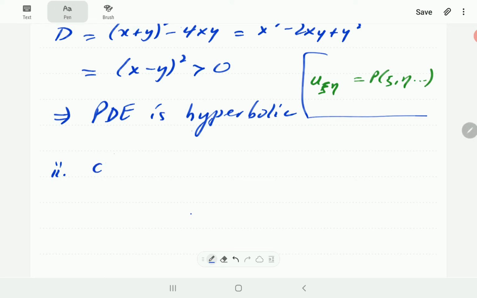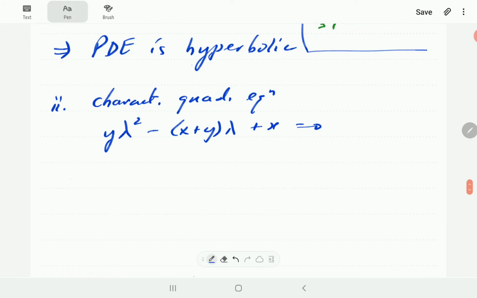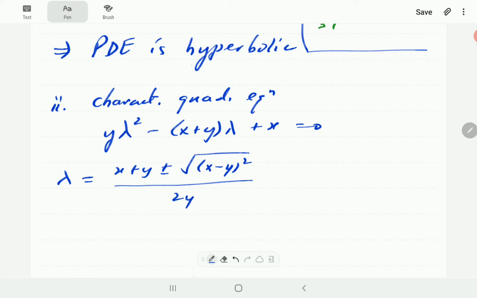Right, the characteristic quadratic equation is going to be y lambda squared minus x plus y lambda plus x. Using the quadratic formula, this is going to work out to x plus y plus or minus the square root of x minus y all squared divided by 2y.